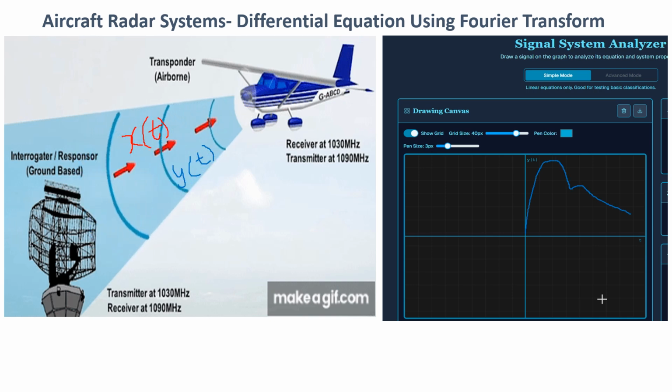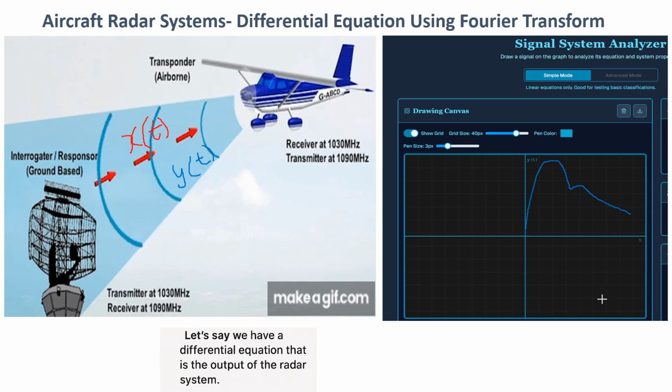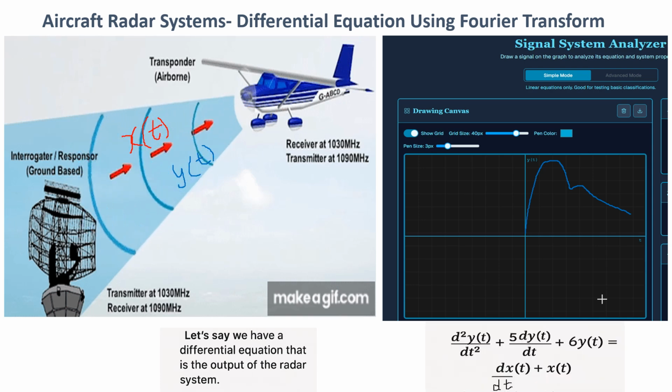So the equivalent expression, that is the output of the radar system, the differential equation that we get, is given as d square y of t by dt square plus 5 times dy of t by dt plus 6 into y of t is equal to d by dt of x of t plus x of t. So this is the differential equation that in today's lecture we are going to solve using Fourier transform.